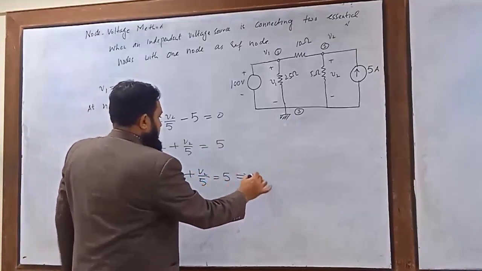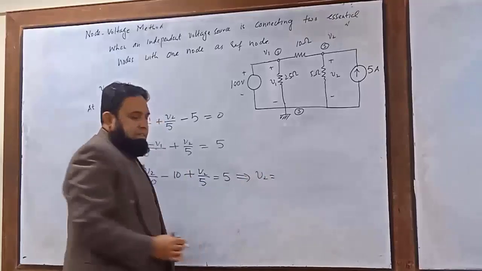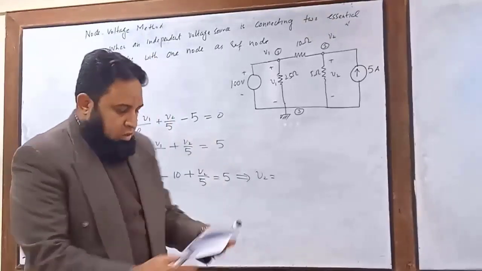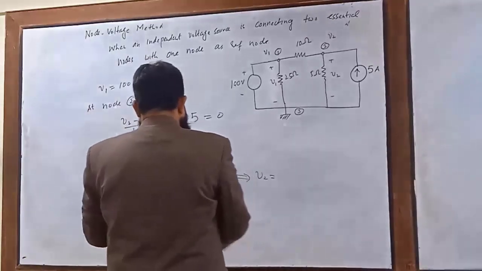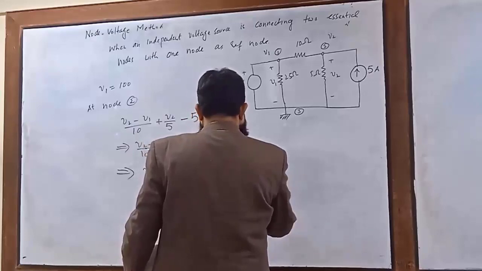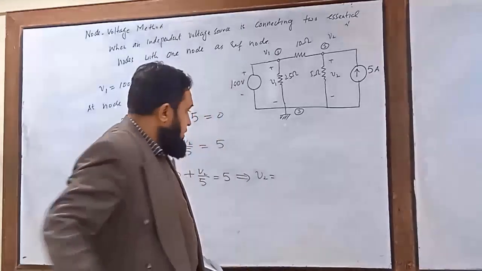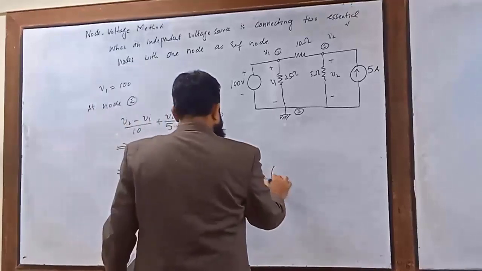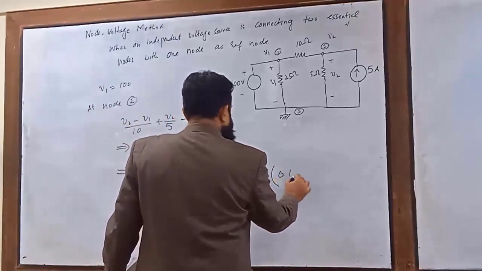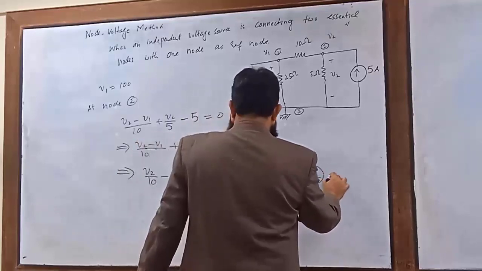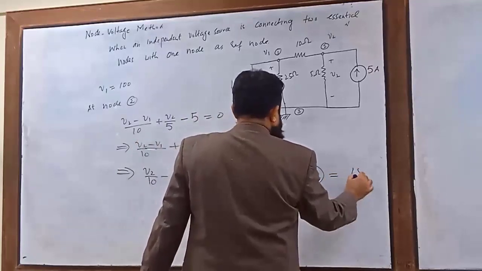So this leads us to a solution for V2, and we can simplify here just to give you an idea. It is 0.1 plus 0.2, and on the other side 10 plus 5 is 15.